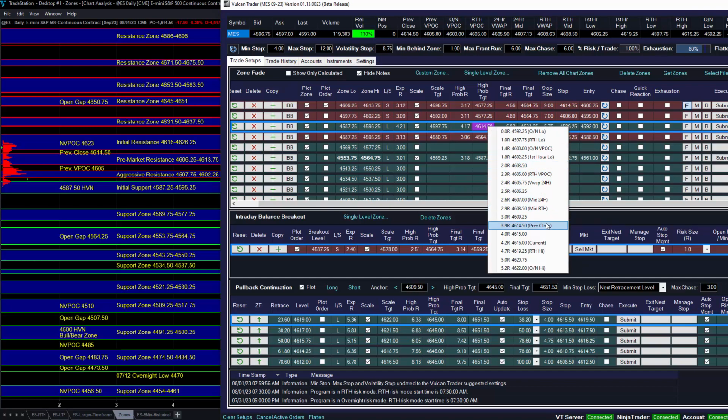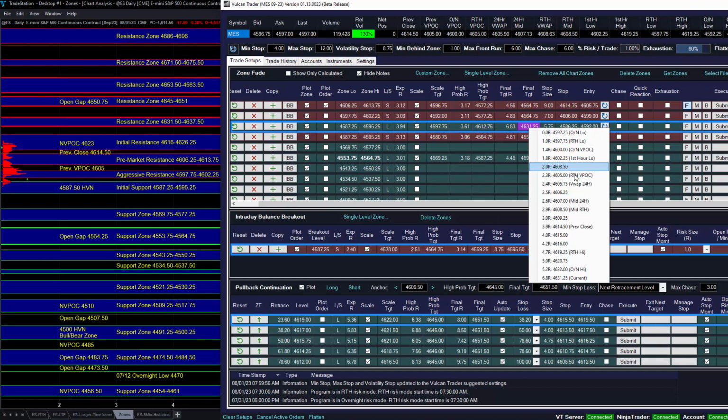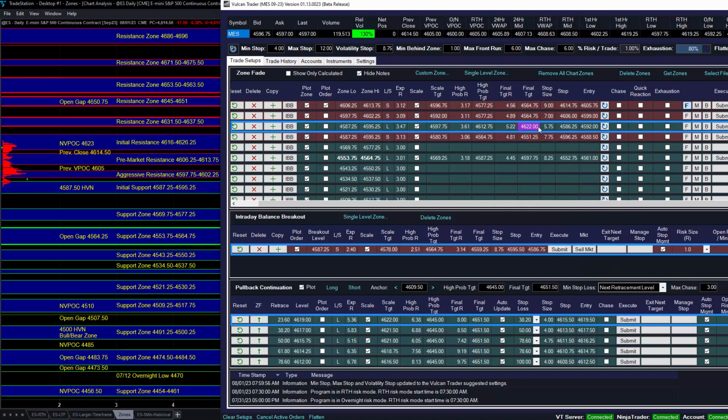So, we're going to go ahead and change this to 1275. And our final target in this situation can be the overnight high area around 22. So, you can see that if you're entering long at 92.75, scale out is within the aggressive zone, you're getting 3R, that would be a good price to get in on, and then scale on the way up.